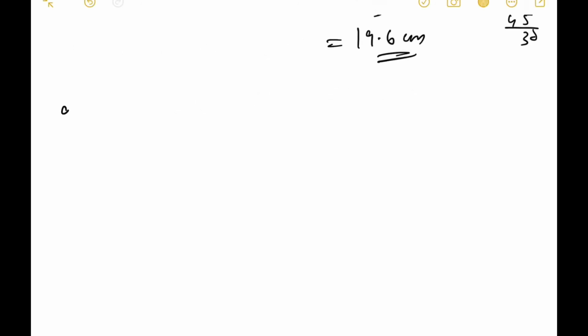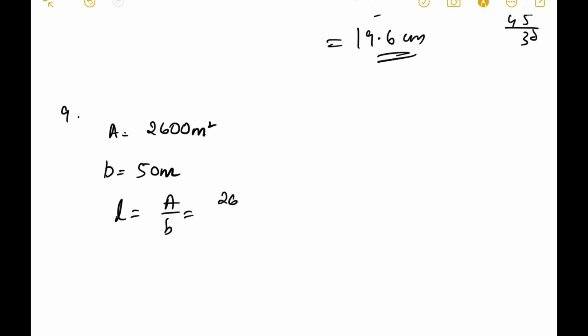Coming to the 9th question, we have find the perimeter of a rectangle whose area is equal to 2600 meters square and breadth is equal to 50 meters. So length is equal to area by breadth, that is equal to 2600 by 50. 5 will go how many times? 5 2s are 10, 52.